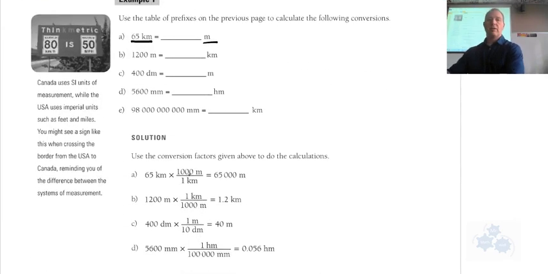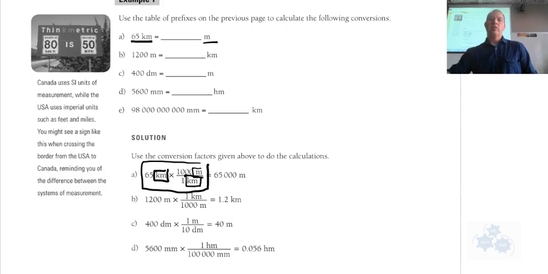Now you'll notice here in the solution that they do it the math way. They are multiplying by a conversion factor. And this would be very good for you to understand as well. The first thing you look at is the units, kilometers on the top in the numerator and kilometers in the denominator.